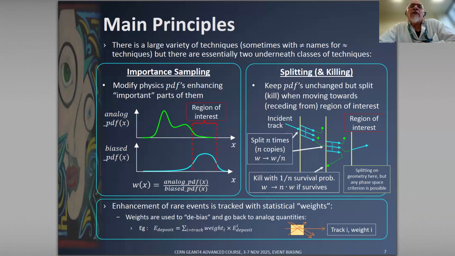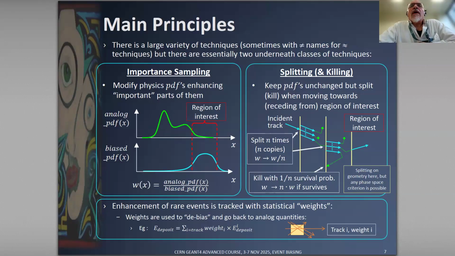So what you do with the splitting is that you have an incident track, which at some point reaches a boundary of the region, and then you split this track. That is, you make n identical copies of the same track, and each of the copies has a weight which is divided by n compared to the initial weight of the track.